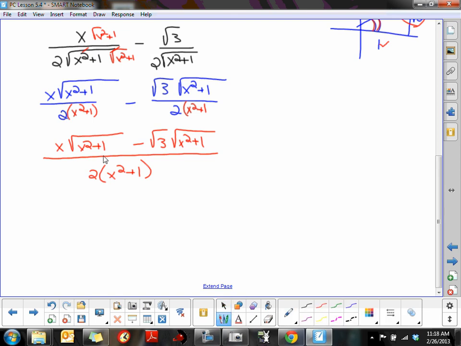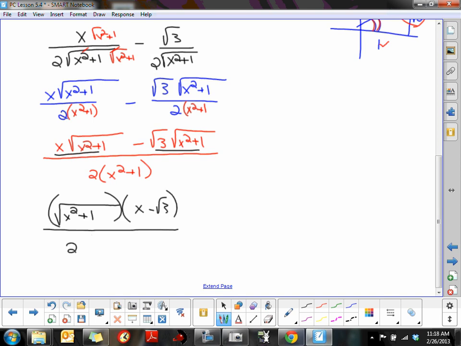And what we can do with these two is we can go ahead and factor out our square root of x squared plus 1 and take it times x minus the square root of 3 all over 2 times, shoot, you can even distribute that.